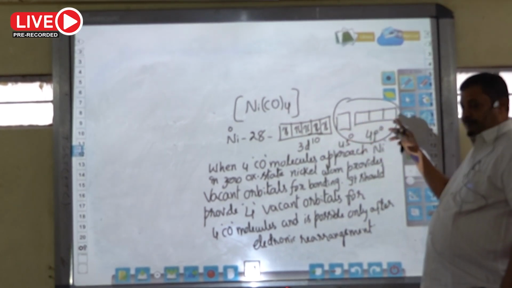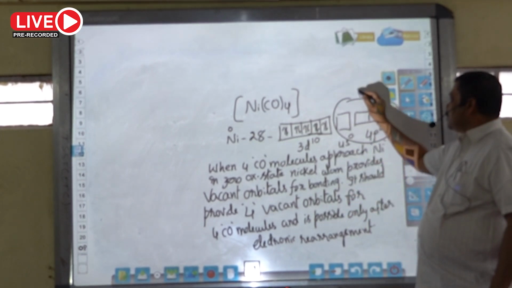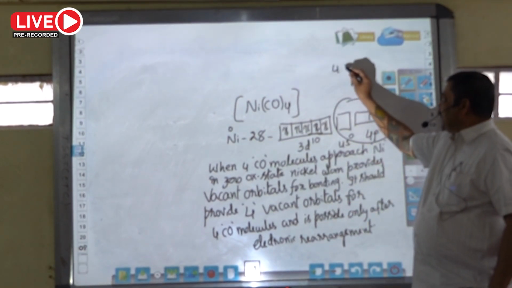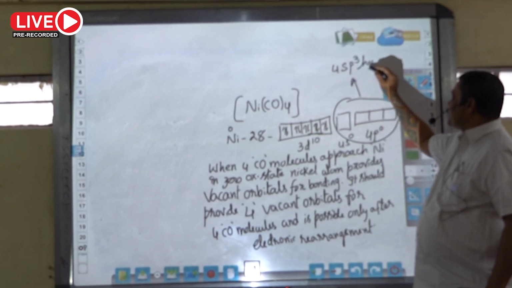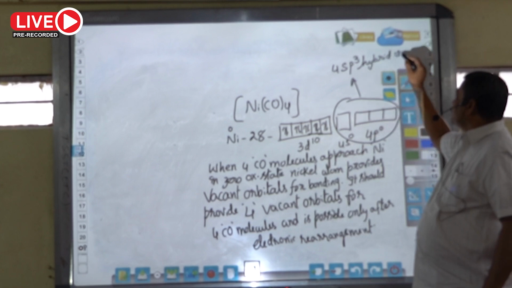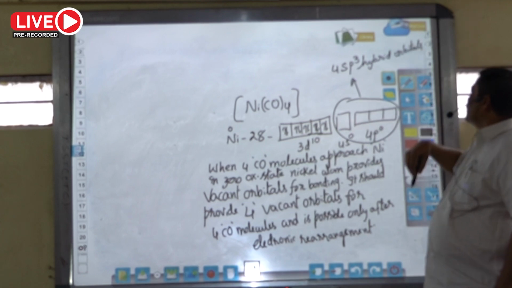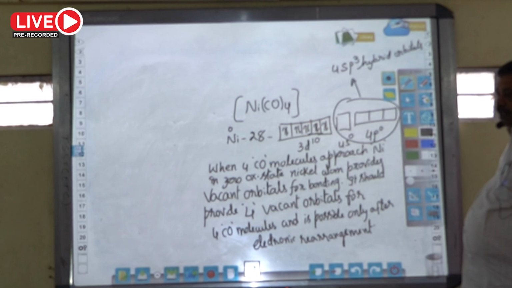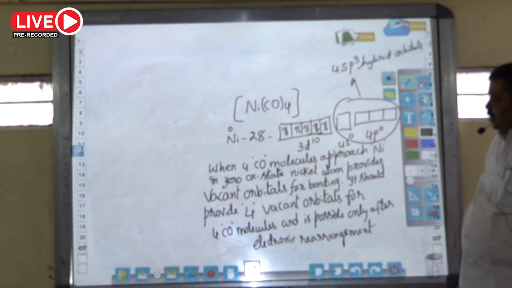When s and 3p are mixed, 4 sp3 hybrid orbitals are formed around nickel in zero state.